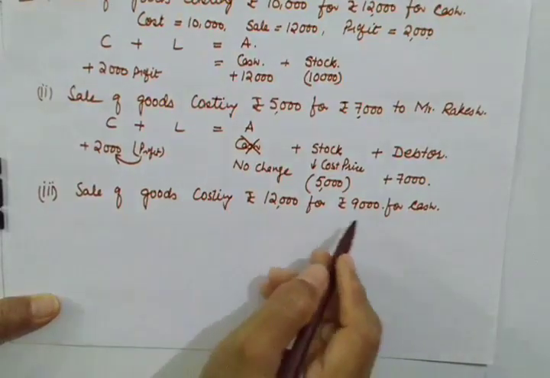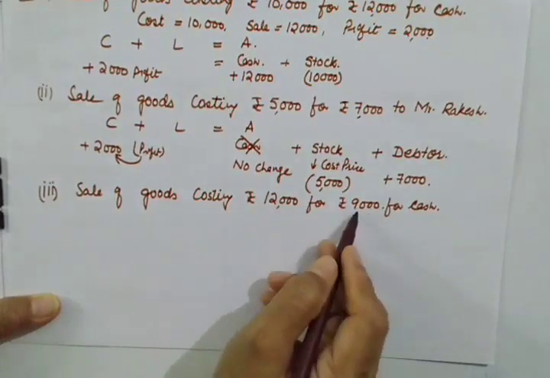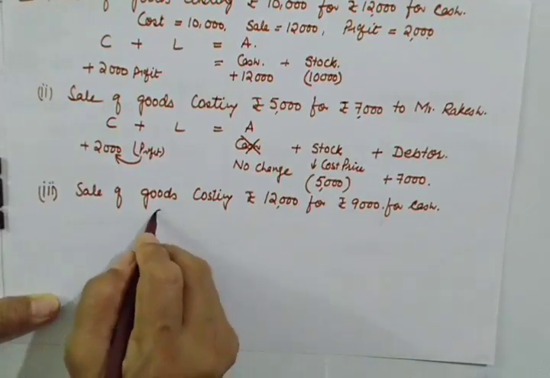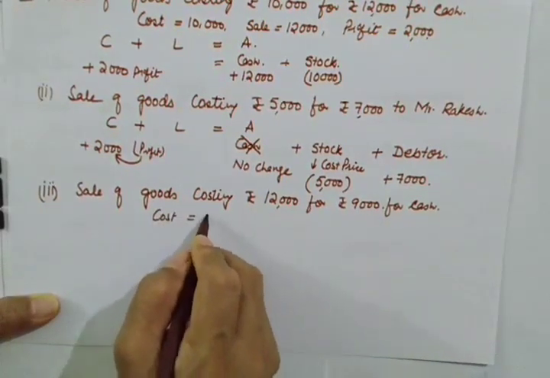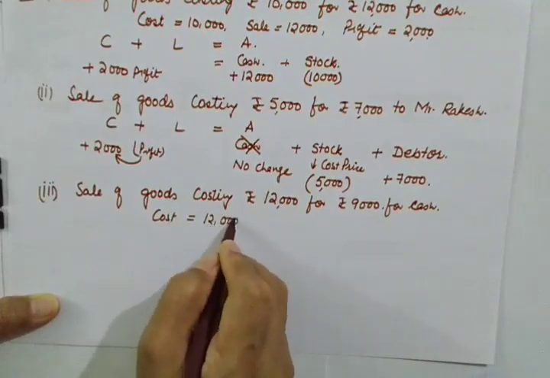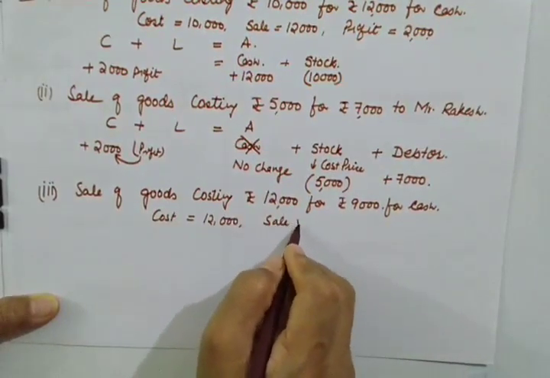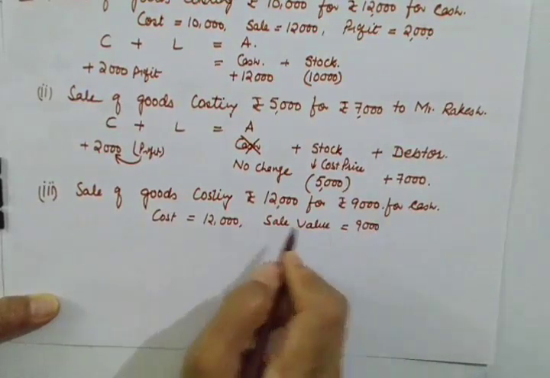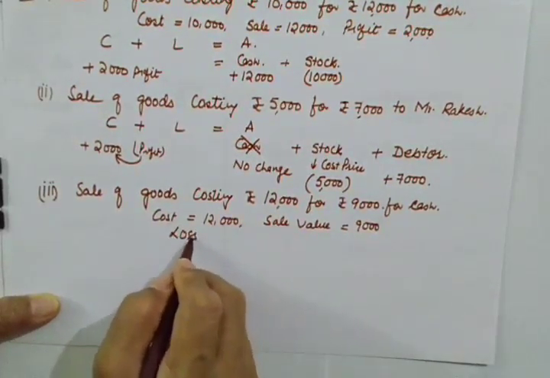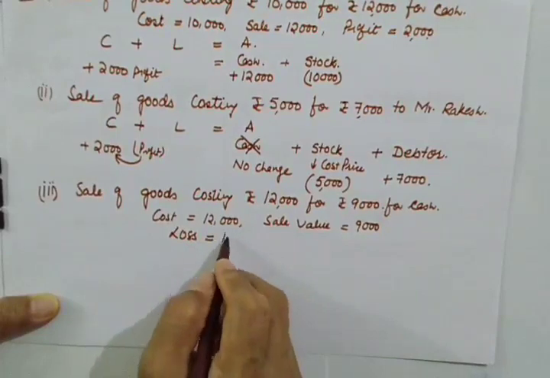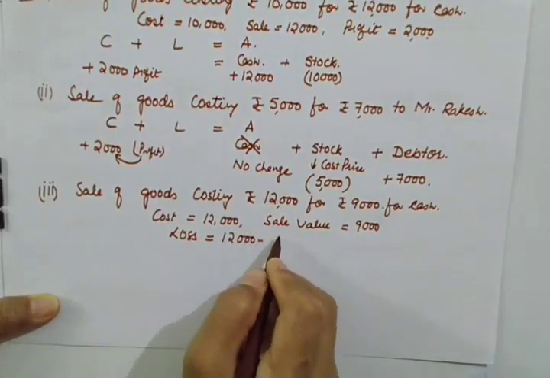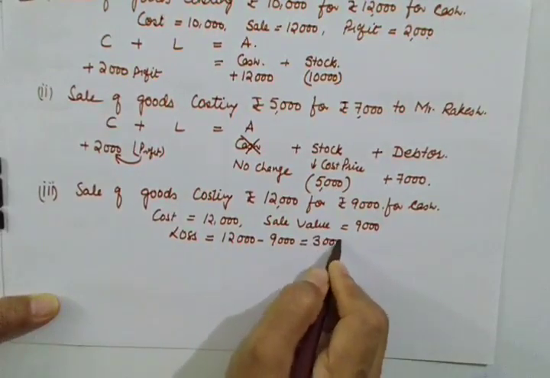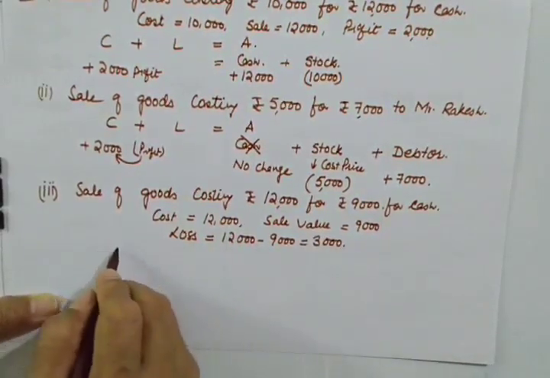So you are selling goods. What is the sale value? Sale value is 9,000, cost is 12,000. So firm is suffering a loss of 3,000. So let us see how to deal with this in this case.